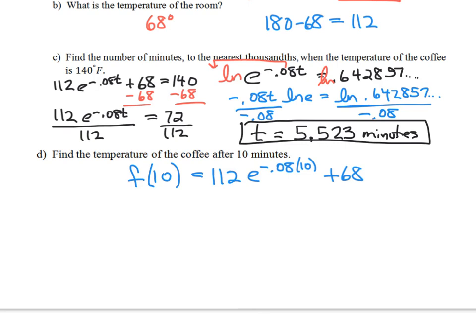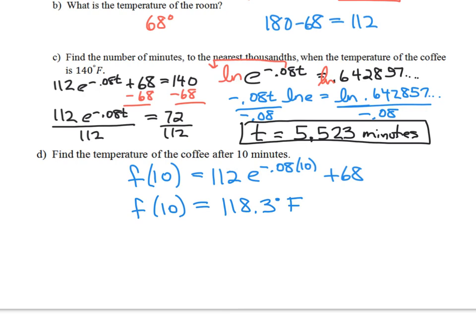Now let's go ahead and put this into our calculator to get the answer. So when I entered that whole expression, and again, I'm not doing it piece by piece, I'm entering the whole thing, I got as my answer 118.3 degrees Fahrenheit.